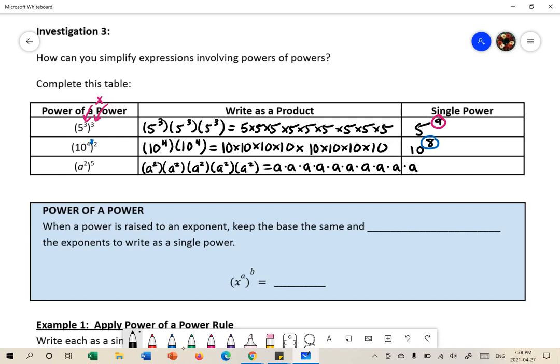So as a single power, it's a to the power of 10. Or what is 2 times 5? 10.